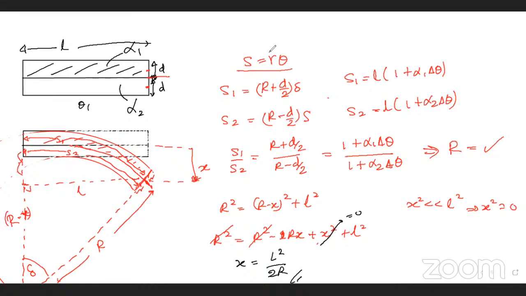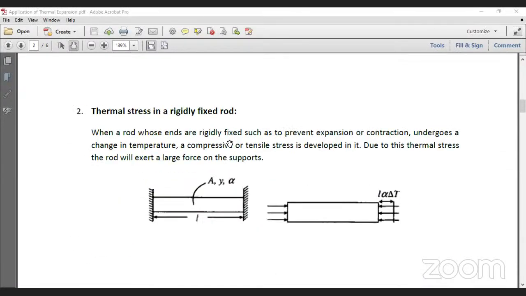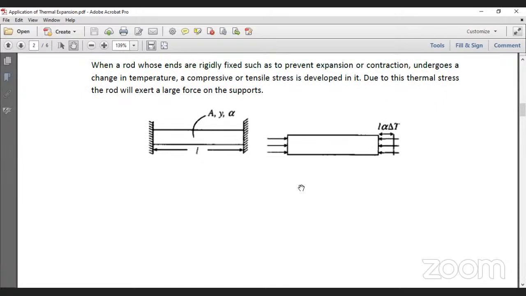Okay, then go to the next application. The thermal stress in a rigidly fixed rod. The last day we discussed this part under the elasticity method also. If the rod is free to expand, it will change.